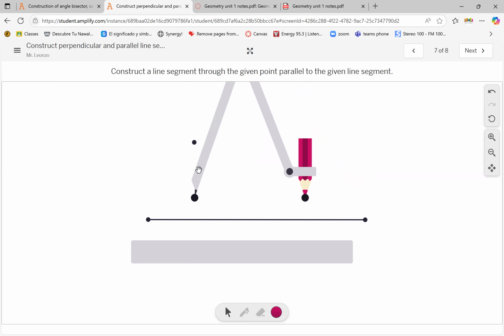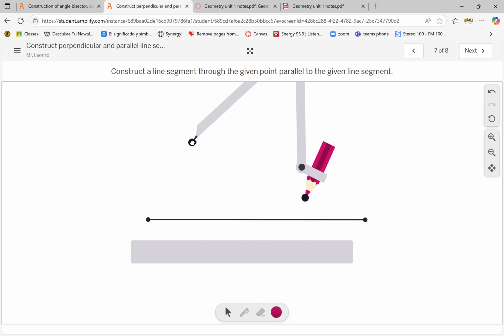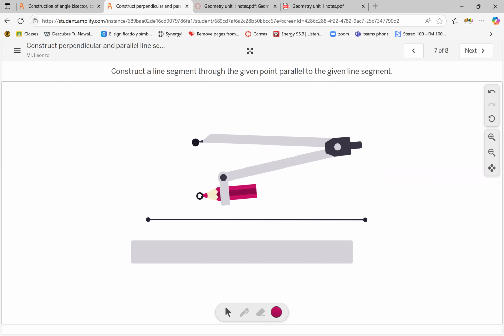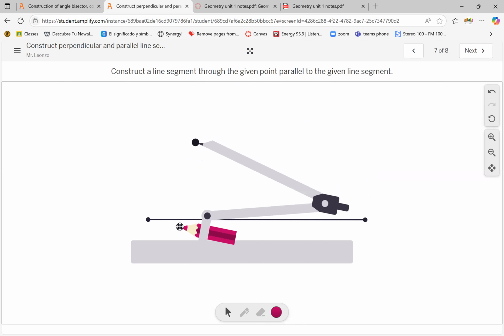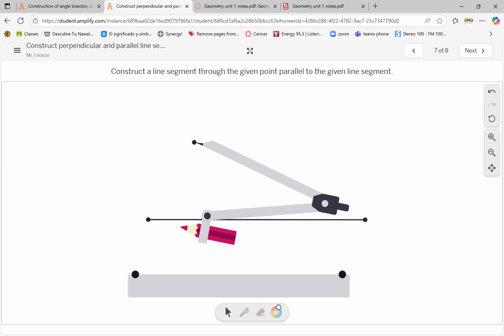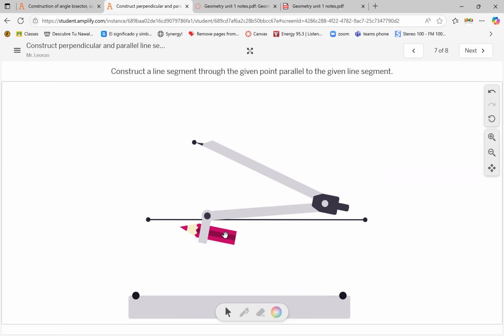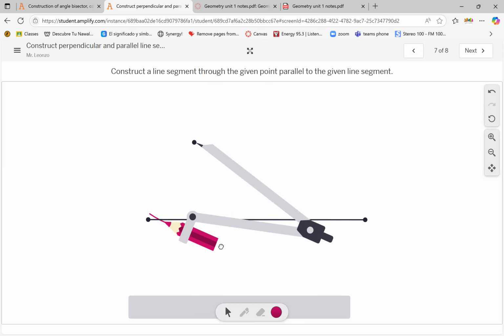I'm gonna take my compass, the endpoint that doesn't have a pencil, and put it there. And then the other endpoint, I'm gonna go past my line segment. Move my ruler out of the way. So I'm gonna go past my line segment and then do an arc right here.